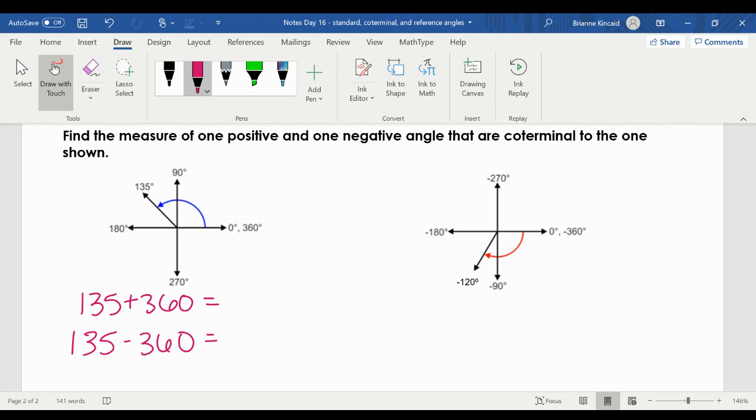The thing you have to be careful of here is you want to put the angle first. You don't want to do 360 minus 135, because that's going to give you the completely opposite angle. So when I add here, 135 plus 360, that's going to give me 495 degrees. And 135 minus 360 is going to give me negative 225 degrees.